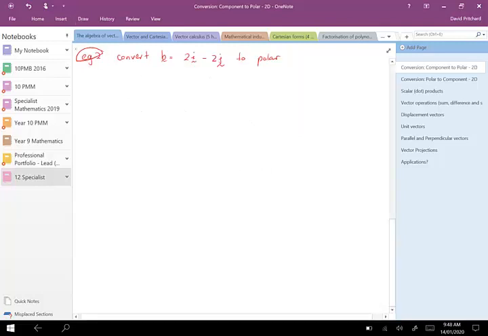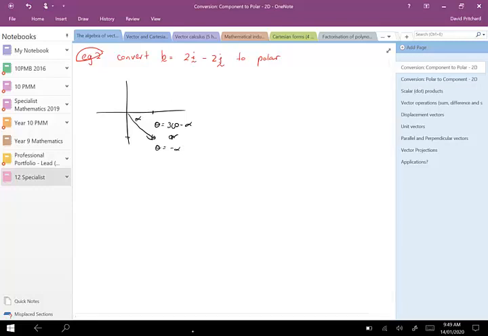Okay, so in this second example, we're looking at converting vector B, which is 2i take 2j, to polar form. So again, when we visualize this, 2 in the i direction, -2 in the j direction, we end up with a vector in quadrant 4. So this is the alpha that we'll be calculating, which means we'll be looking at the angle is 360 take alpha, or we could just use the angle is negative alpha.